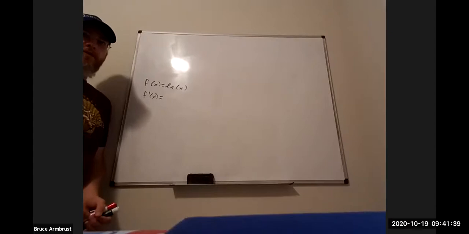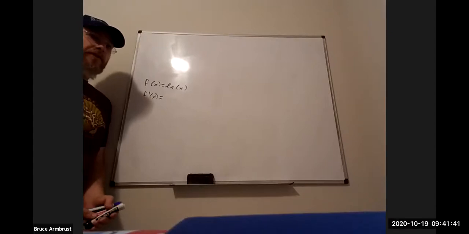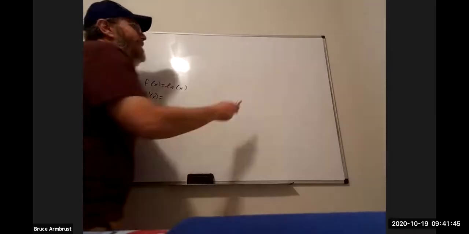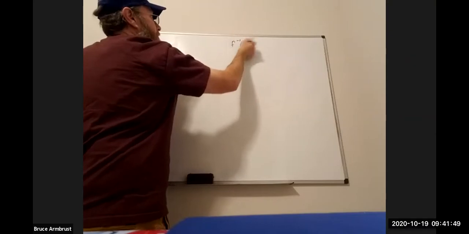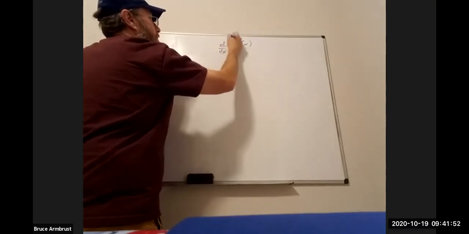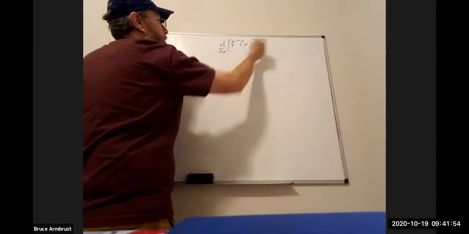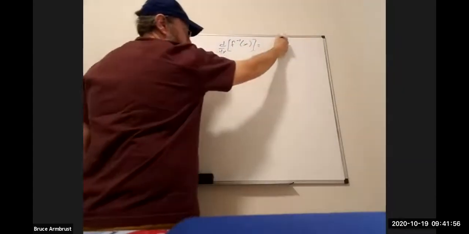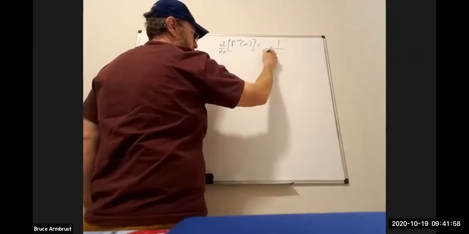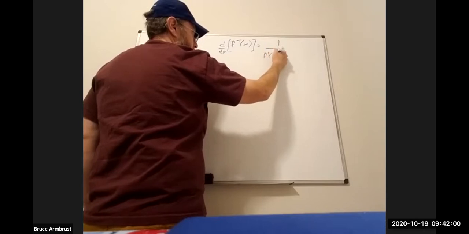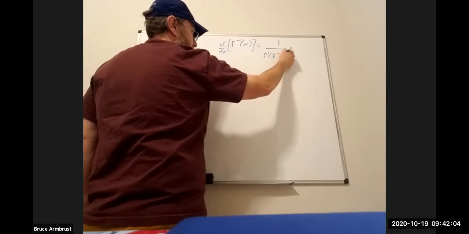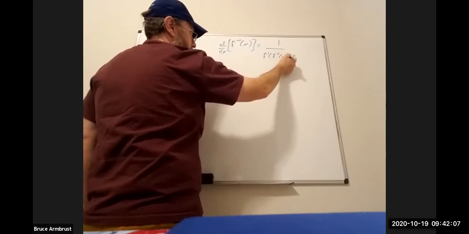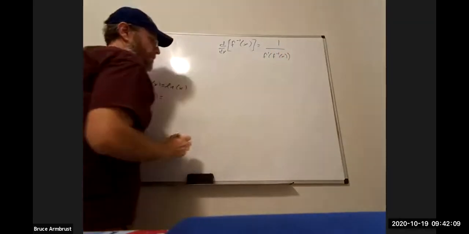So hopefully you remember last week when we looked at derivatives of inverses. If not, I'm going to remind you here real quick. Right? We saw that if you wanted the derivative of the inverse, it was equal to 1 over the derivative of the function evaluated at the inverse.